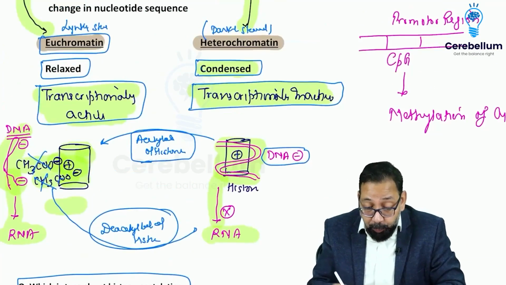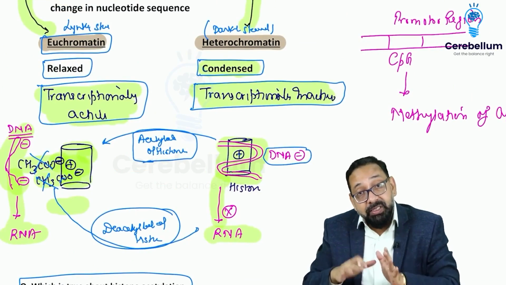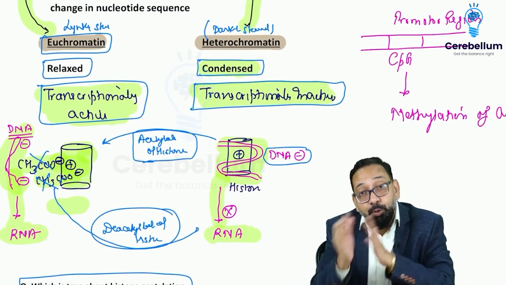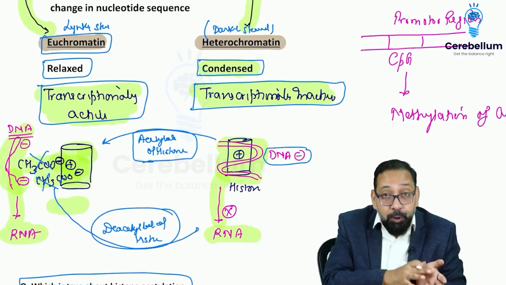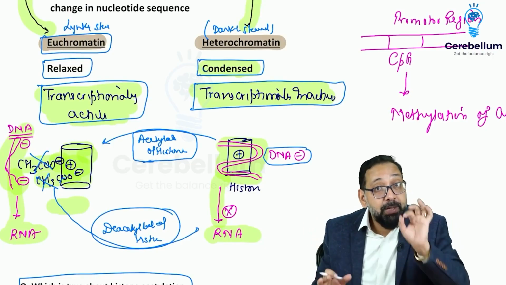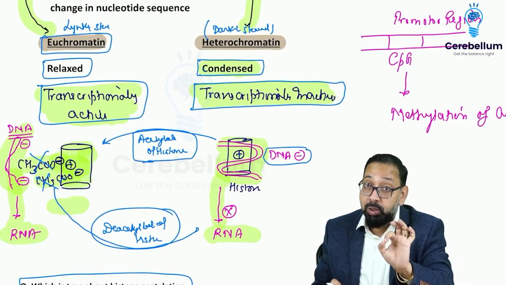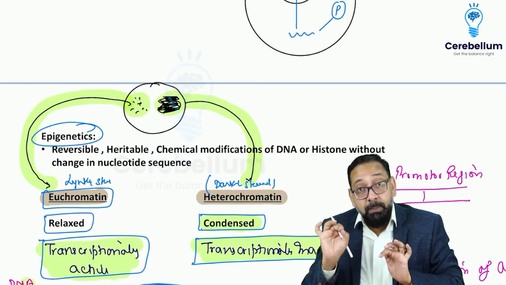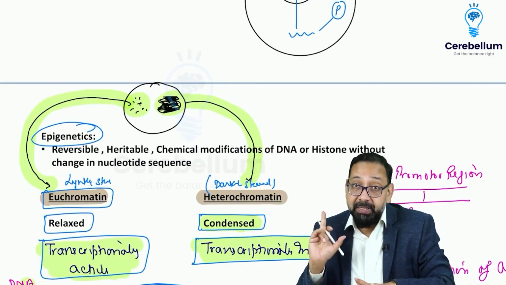Again, this is heterochromatin, condensed form, transcriptionally inactive. So we can convert heterochromatin to euchromatin, and euchromatin to heterochromatin, by acetylation and deacetylation. This is a part of epigenetics. Point it out. This is a part of epigenetics. What is the definition? Discuss. For the time being, part of epigenetics.